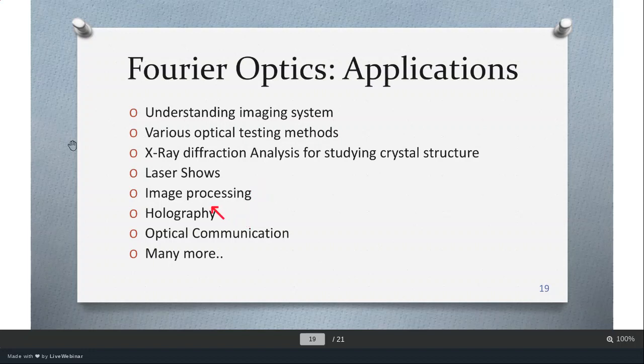There is another very interesting application that is called holography. Holographic stickers, we already know what holographic stickers are, and many of us have laptops with the Intel sticker on them, and when you see that from a certain angle, you can actually see some 3D effects, a 3D image inside that sticker.